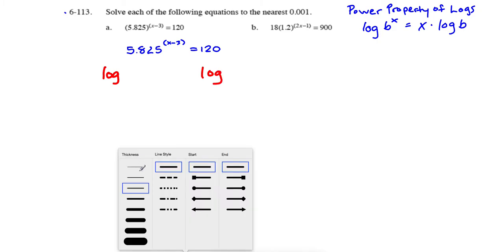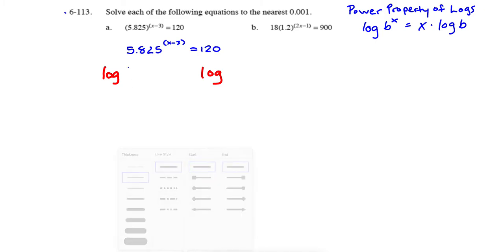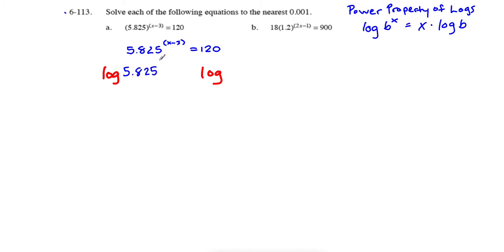I'll switch my pen size back because it keeps switching on me every single time. But if we said the log of 5 and 825 thousandths raised to the power of x minus 3, it should equal the log of 120. So more or less I'm just taking the log of each side. Because I'm doing it to both sides here, the equation should stay equal.